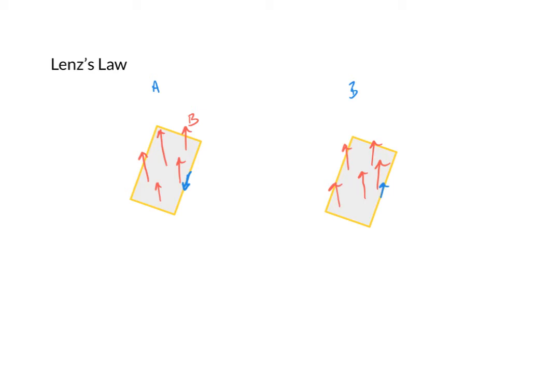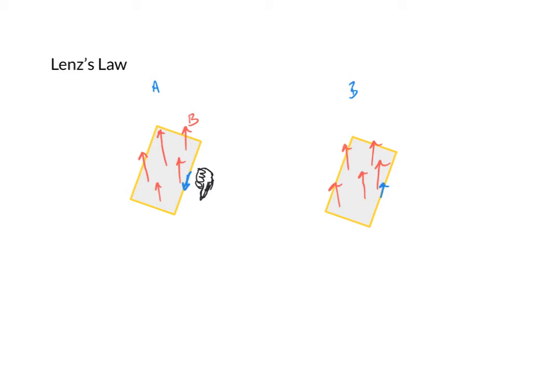So using my right-hand rule on my clockwise current, let me see if I can draw a hand. I'm not so good at drawing hands, y'all. We're going to do our best. I have my thumb lined up in the direction of my current and my fingers wrapping around.